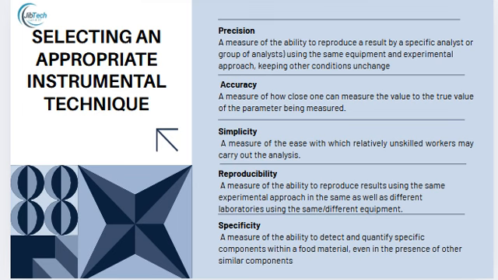Now, you take the weight of that standard weight, and it gives you, let's say, something like 199.9. All right, so that is very close. That is very, very close to the true value, which is 200. So that particular equipment or instrument is said to have high accuracy.